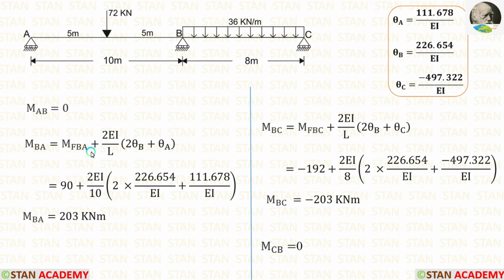In the beginning, we have already calculated the fixed end moments. We can apply them. Length of AB is 10 meter and length of BC is 8 meter. When we apply the values of theta A and theta B, we are getting MBA. When we apply the values of theta B and theta C, we are getting MBC.